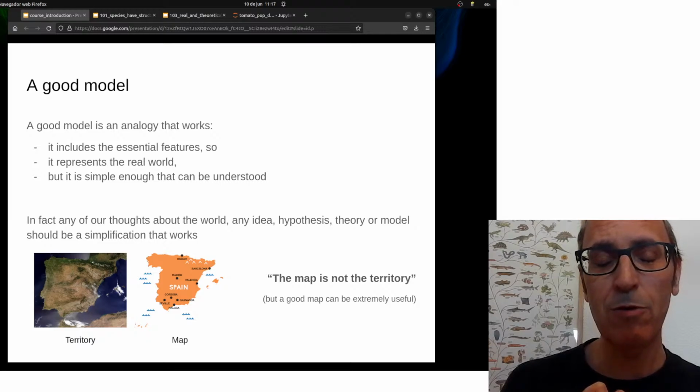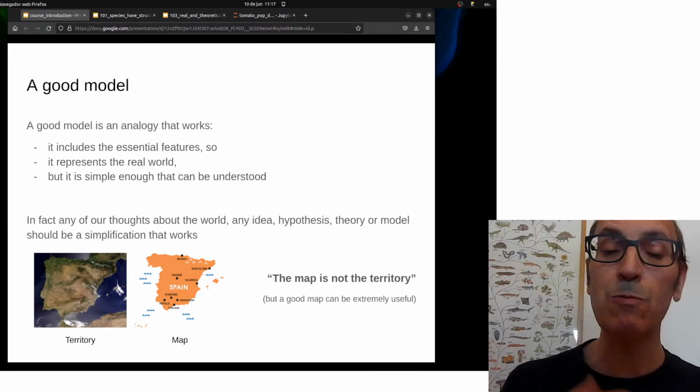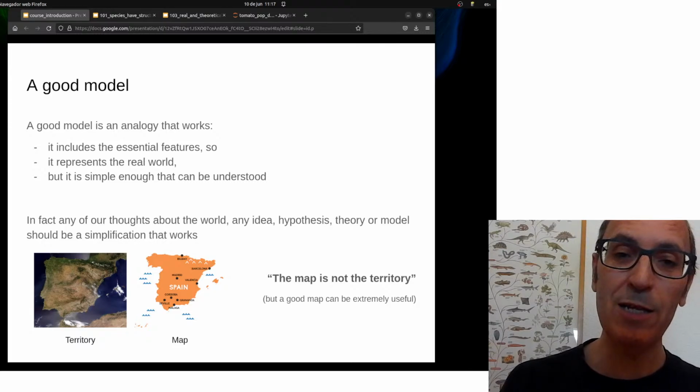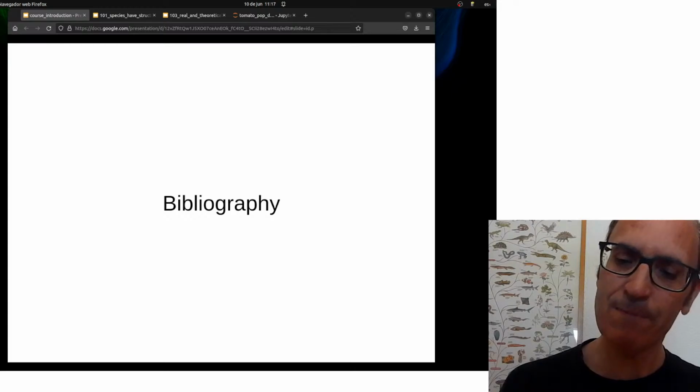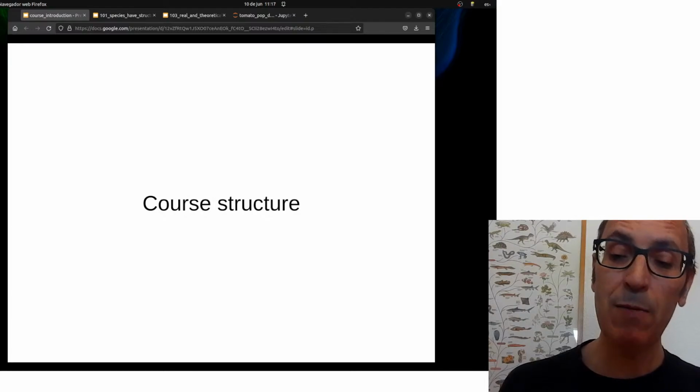So don't be frustrated when you find out that our models are not completely 100% real, okay? They should be as close to reality as possible, but taking into account that reality is a little bit more complex.